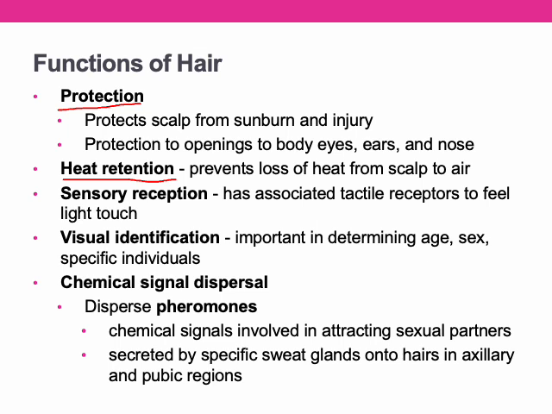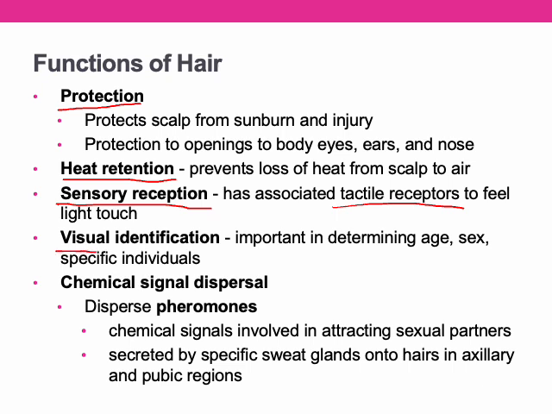Also, the hair follicles have tactile receptors and nerve receptors associated with them to sense light touch. This is really important to sense if you have anything on your body. The hairs really are helpful to provide sensory information and sensory reception for our bodies.